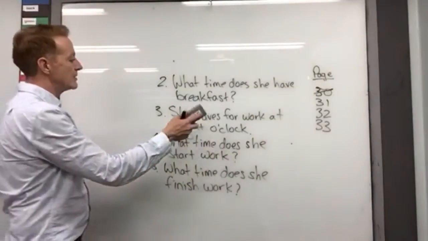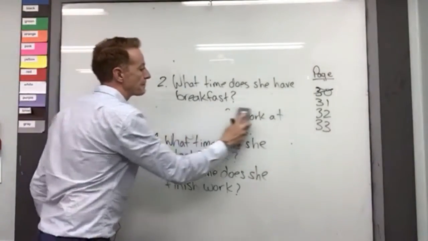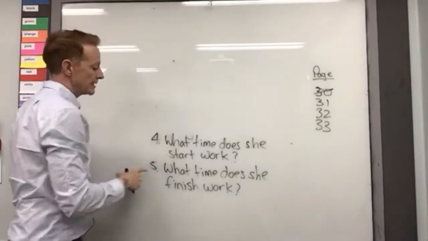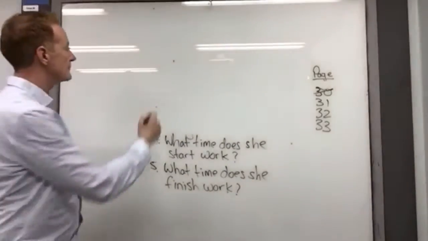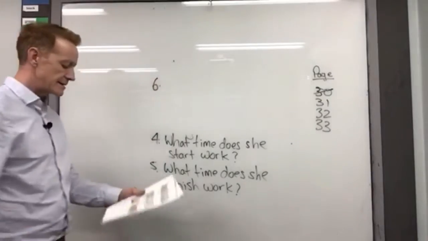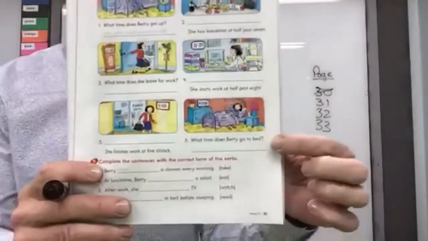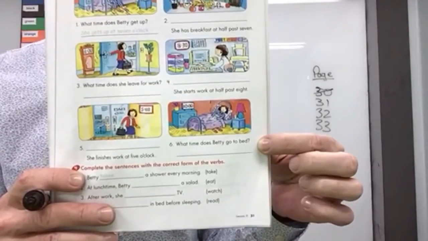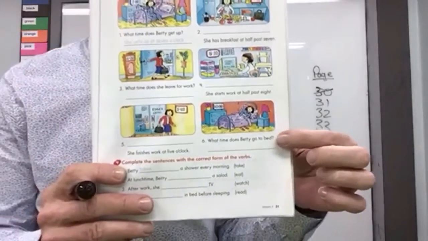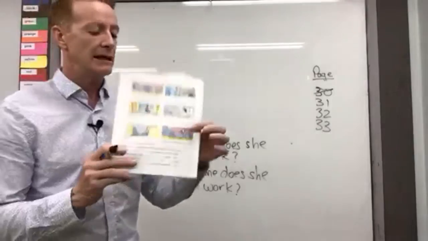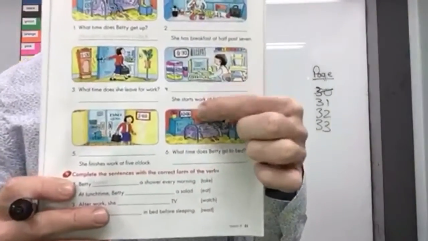All right, I need to erase 2 and 3. So you can keep writing. So this is the last one, number 6. We have a question, so we need the answer. What time does Betty go to bed? Have a look. There's her clock.